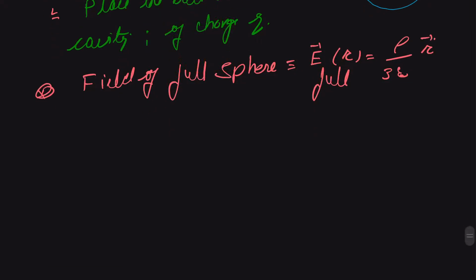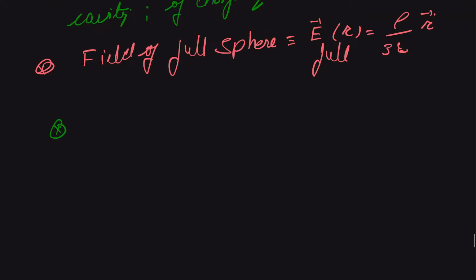Now we have our negative sphere of charge density. We have a sphere of negative charge density. So we have a field of the negative sphere.